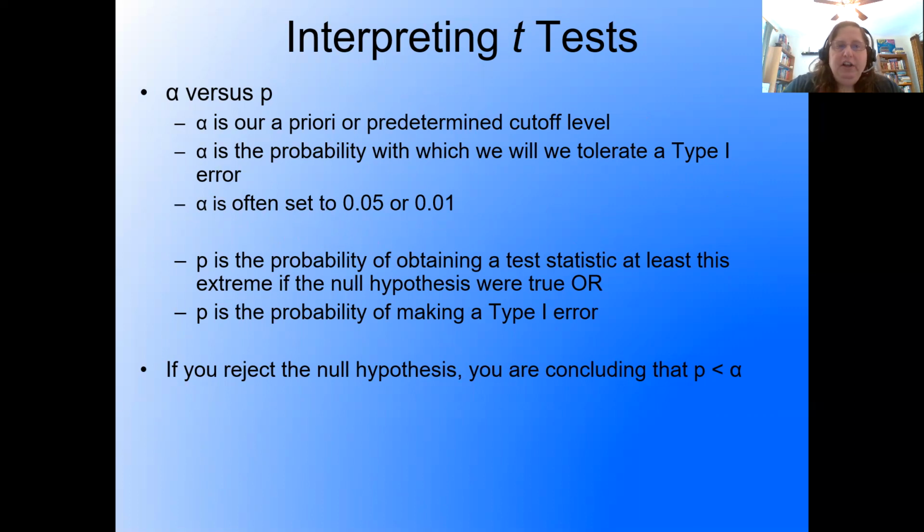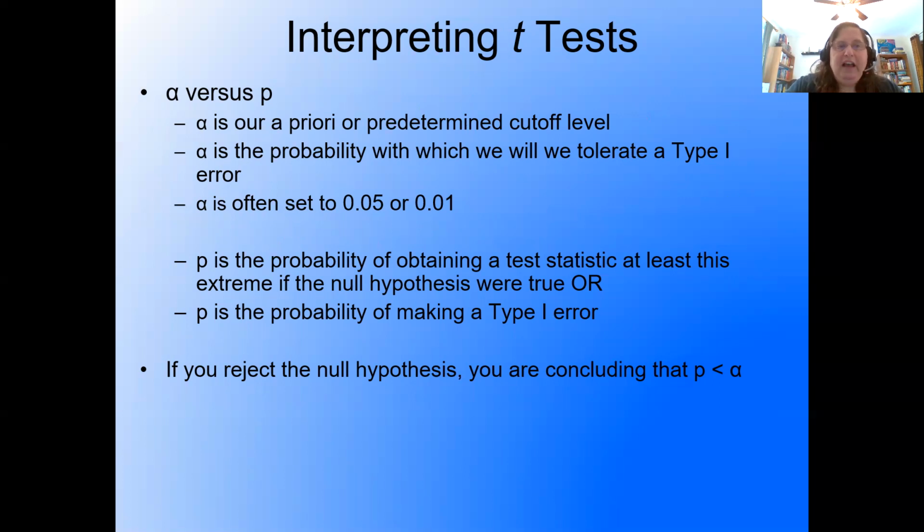Now, P, on the other hand, always stands for probability. And P is the probability of obtaining a test statistic at least this extreme if the null hypothesis were true. Or you can think of P as the probability of making that type 1 error. So alpha is the tolerance for the type 1 error.